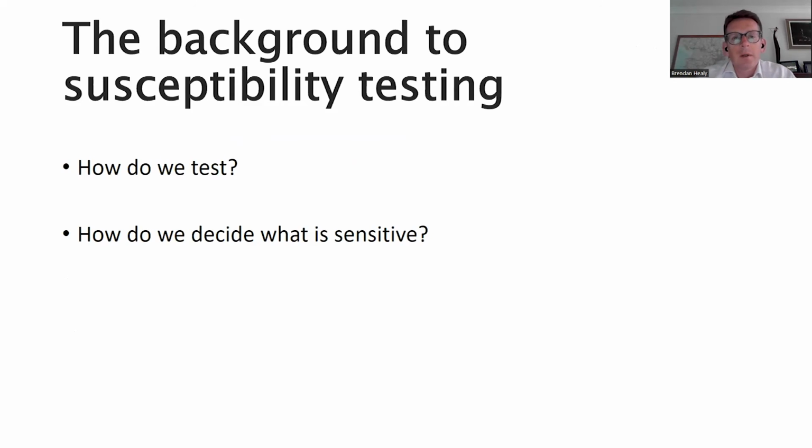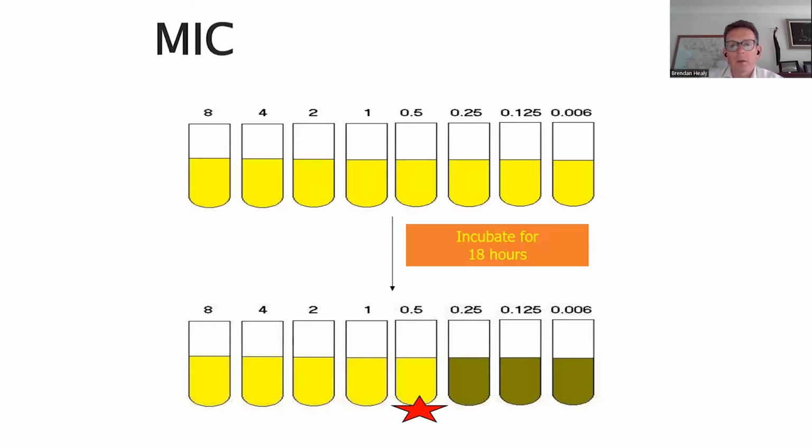Okay, so let's talk a bit about the microbiology and susceptibility testing, because we're starting to get into the pharmacokinetics and pharmacodynamics. One of the first things we do is determine whether an organism is sensitive or resistant to an antibiotic.